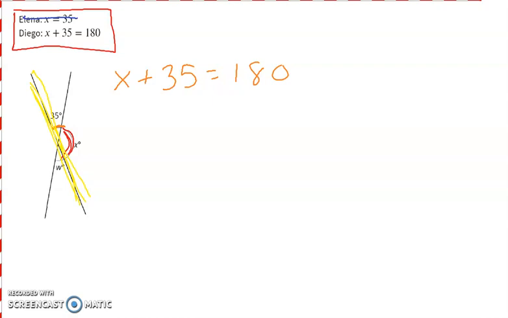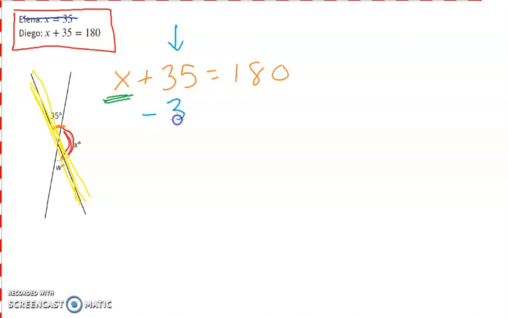So in one-step equations, or in any equations for that matter, we want to isolate the variable. That means in this case, we want to get the x all by itself. So in order to do that, I need to get rid of this plus 35 or this positive 35.